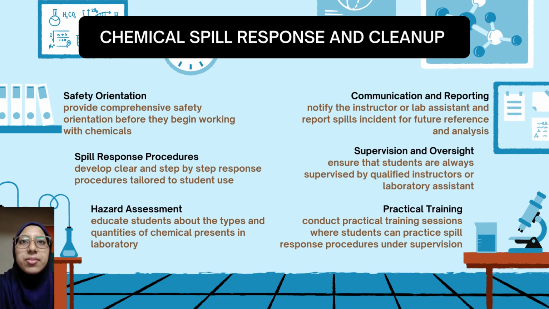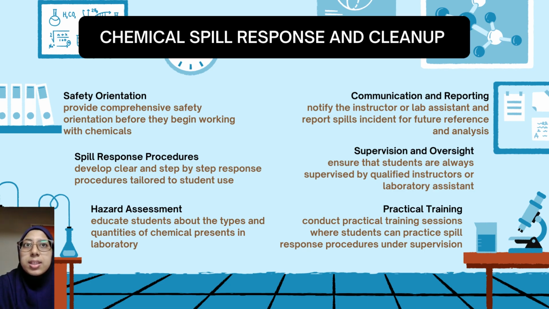So first, for safety orientation. Provide comprehensive safety orientation before they begin working with chemical. So, before the students go to the laboratory to do the experiment, they have to be provided with basic education on chemical hazards, including the different types of chemicals, their properties, and potential risks associated with the spills.